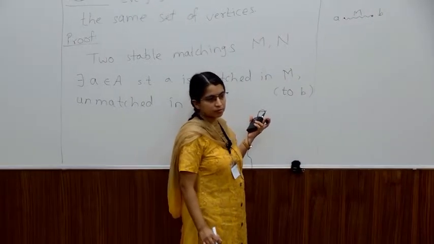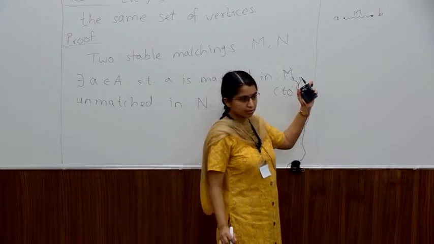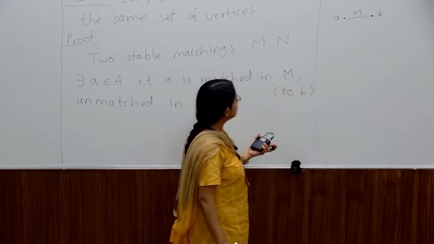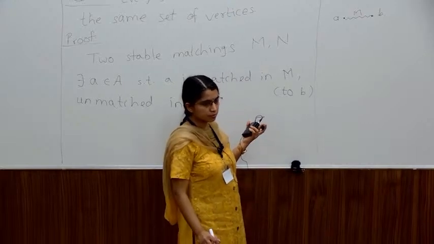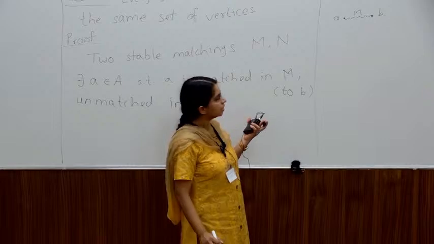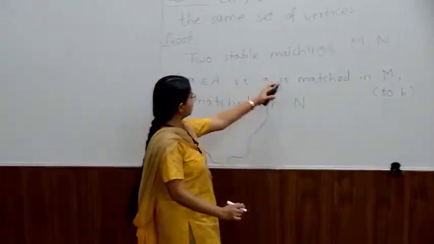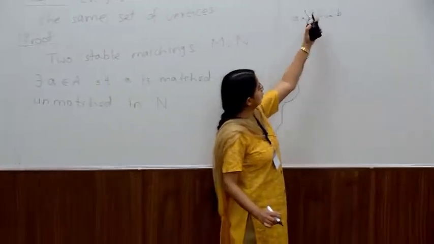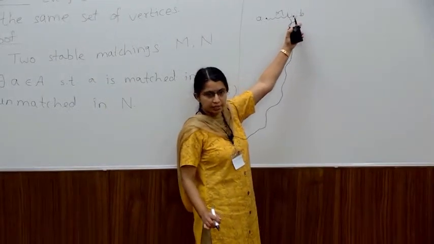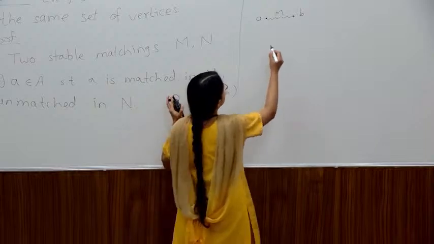If in the second matching both of these are unmatched, then they will form a blocking pair, since our assumption is that A is unmatched in the second matching. So B cannot be unmatched in that matching. So this B has to be matched.